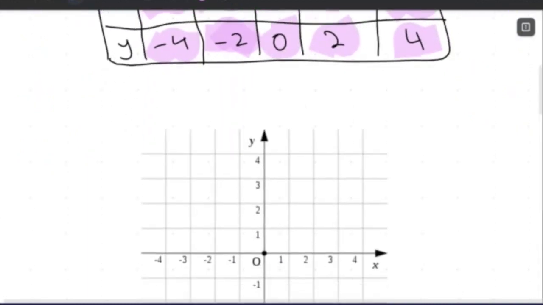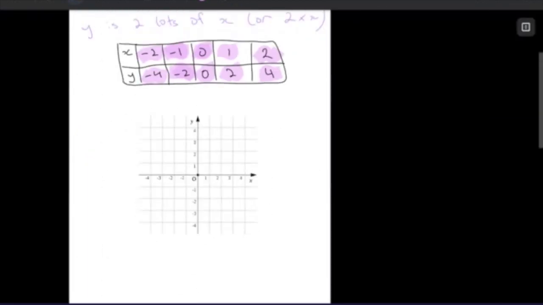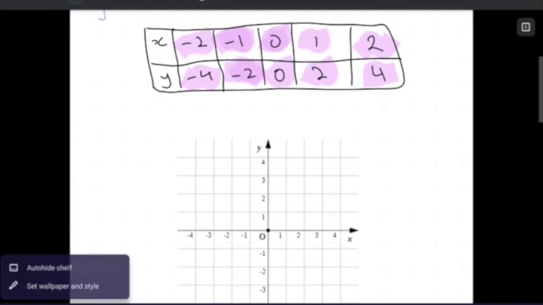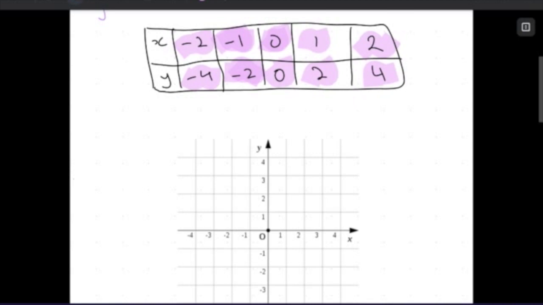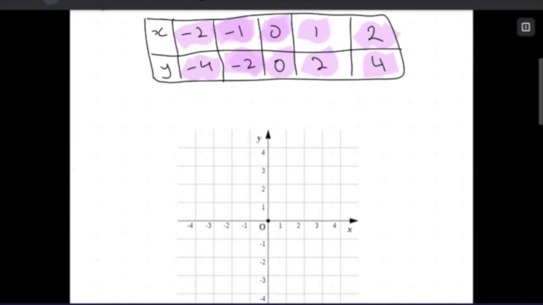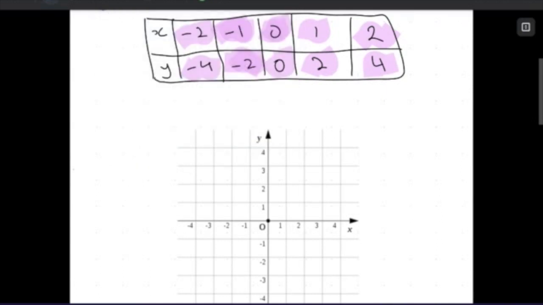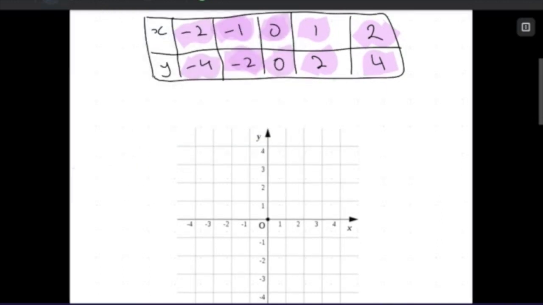Now, we're going to take these values and we're going to graph them on our xy plane. We're going to plot all of these points here. We talked about this a little bit in the previous video, so I might go a little bit quicker when we get to here.